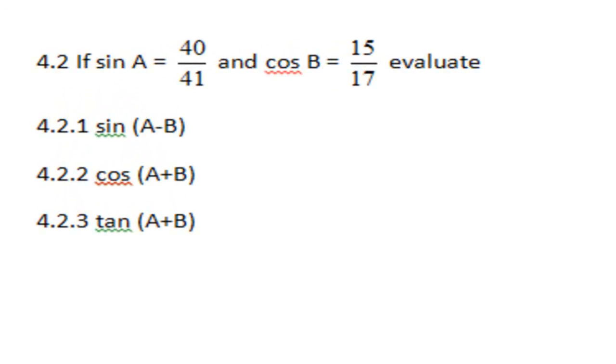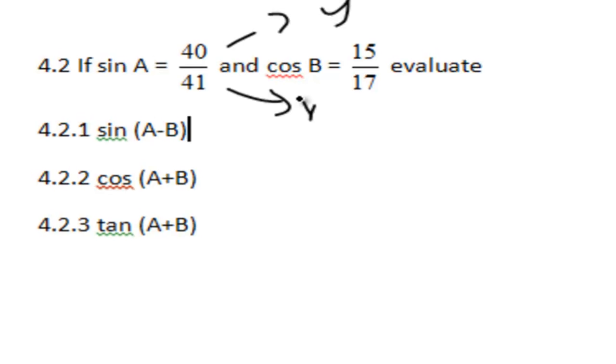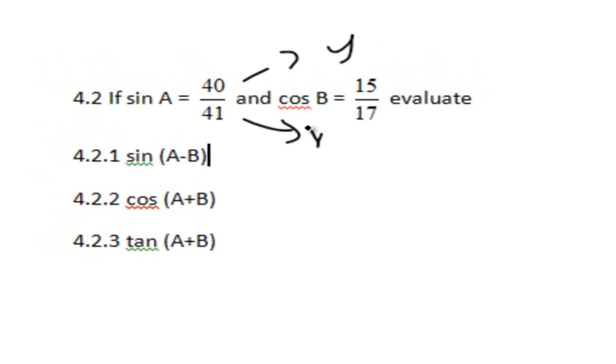The next problem is 4.2 on page 39, and sine A and cos B are given. So what we normally do is take the sine, which is y over r, and you'll notice that by the theorem of Pythagoras, x is equal to 9.